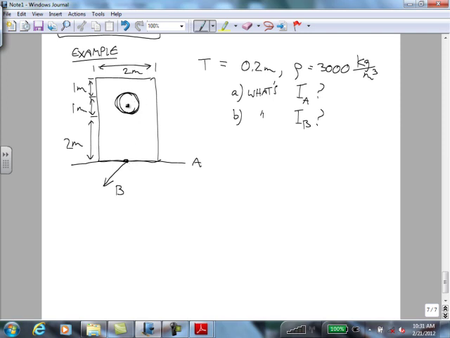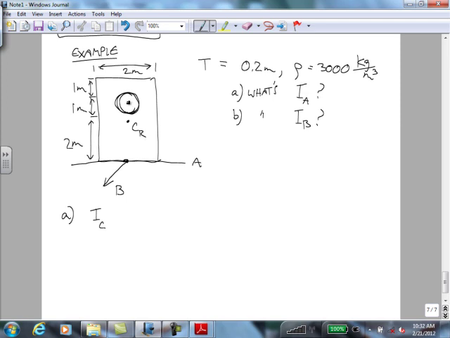Okay, so for part A, first we want to calculate the moment of inertia, let's say, I'm going to call this point CR for rectangle, and I'm going to call this point CC for circle. So let's start with the rectangle.